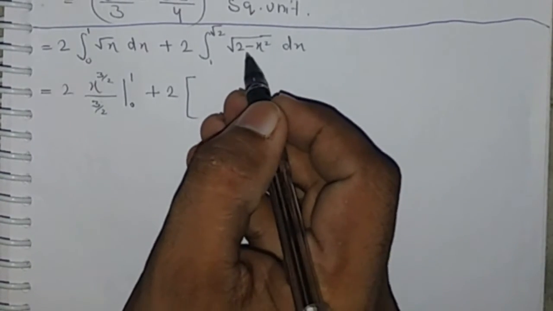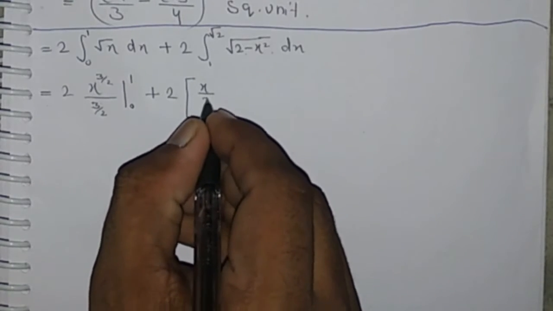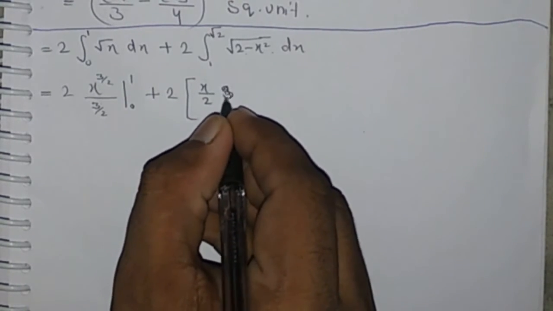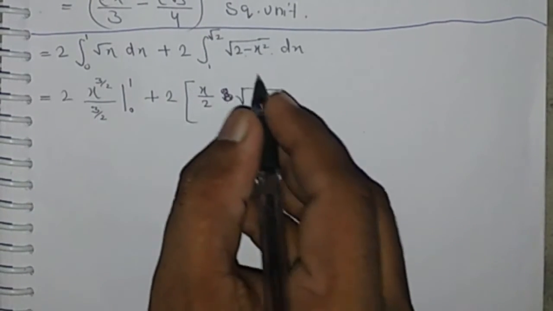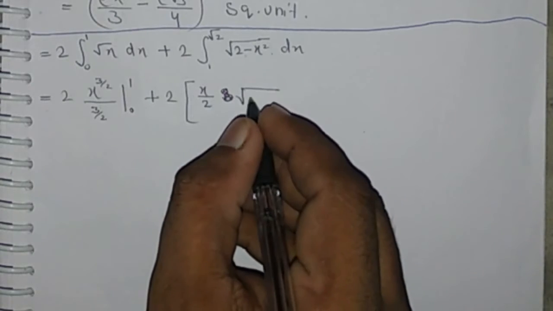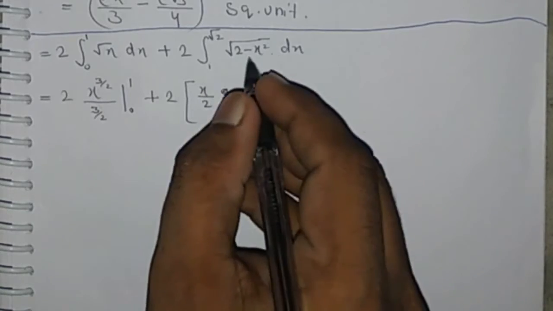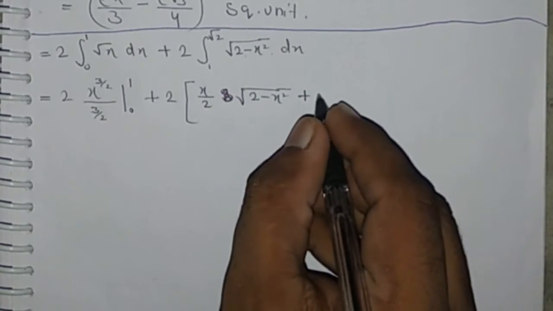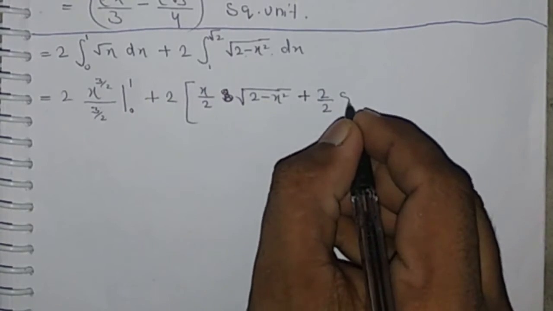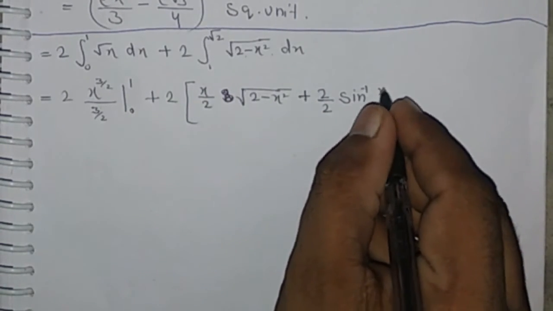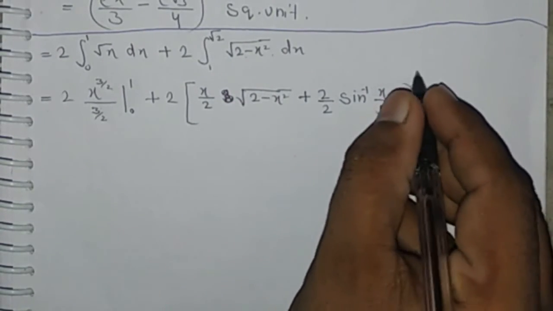We have x by 2 times root of 2 minus x square plus 2 by 2 sin inverse x by a. The value of a is root 2 and the limit is 1 to root 2.